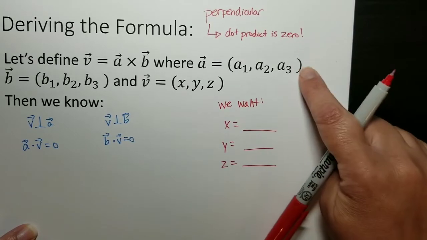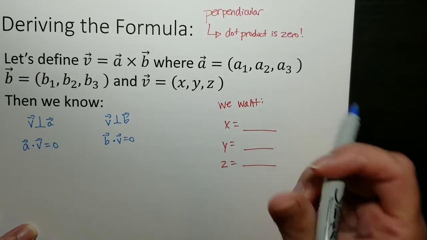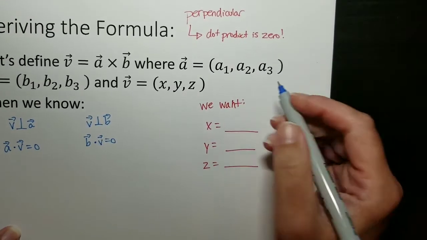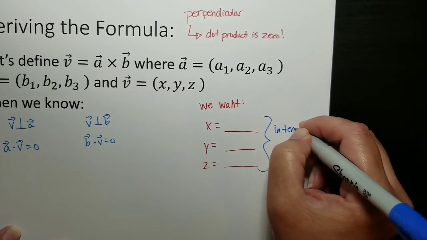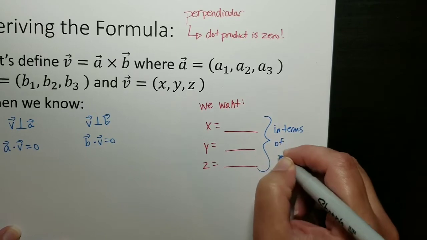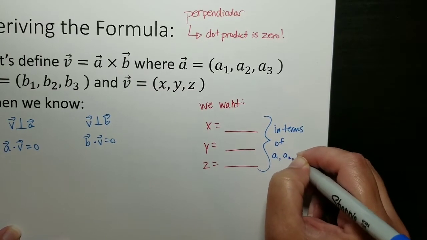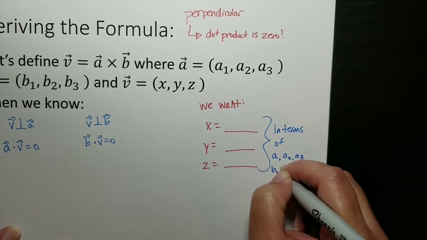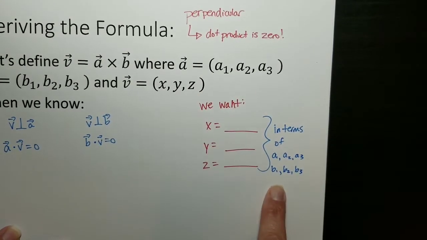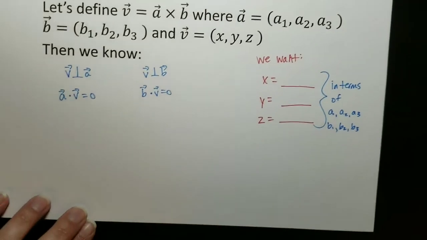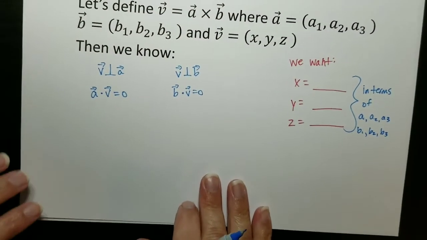And we want that somehow in terms of the components of vector A and B. That's kind of our goal. So we want to figure out something like this, and it is going to be a bit of a slog, but we can do it.